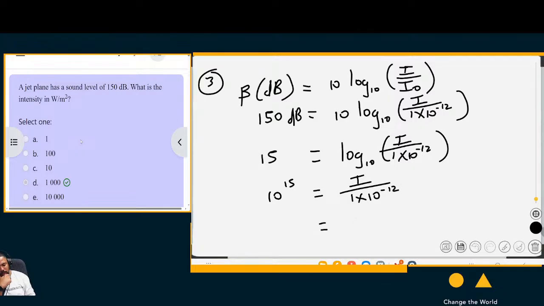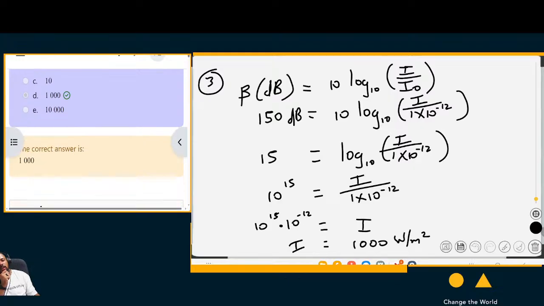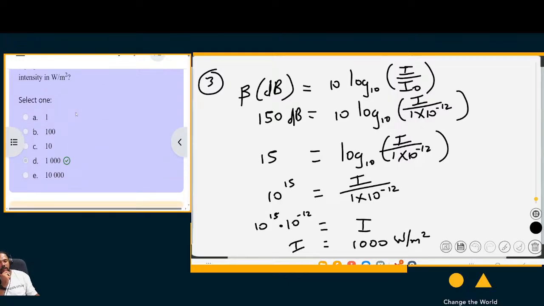So I is equal to 10 to the 15 multiplied by 10 to the negative 12. So the intensity is 10 to the 3, so 1,000 watts per square meter. That is the intensity, and that is the exact answer that I've shown there.